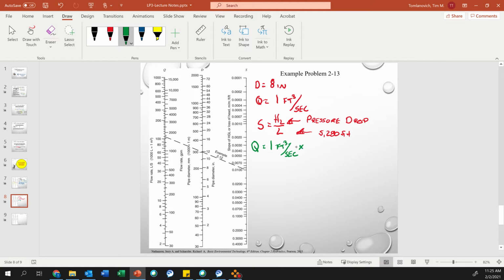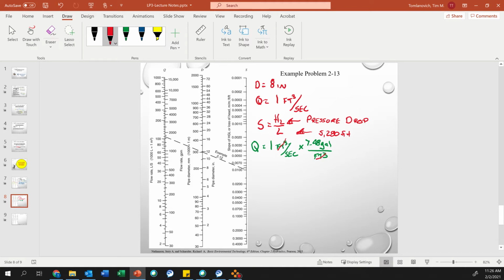We know there is 7.48 gallons per cubic feet. Cubic feet is in the numerator on this side, so it has to be in the denominator when I'm multiplying it on that side. That cancels out, and now we're in gallons.